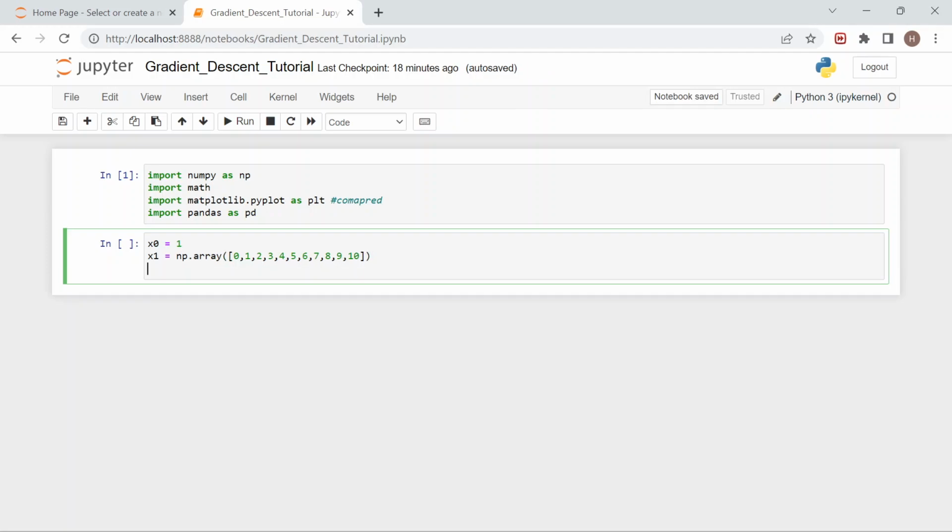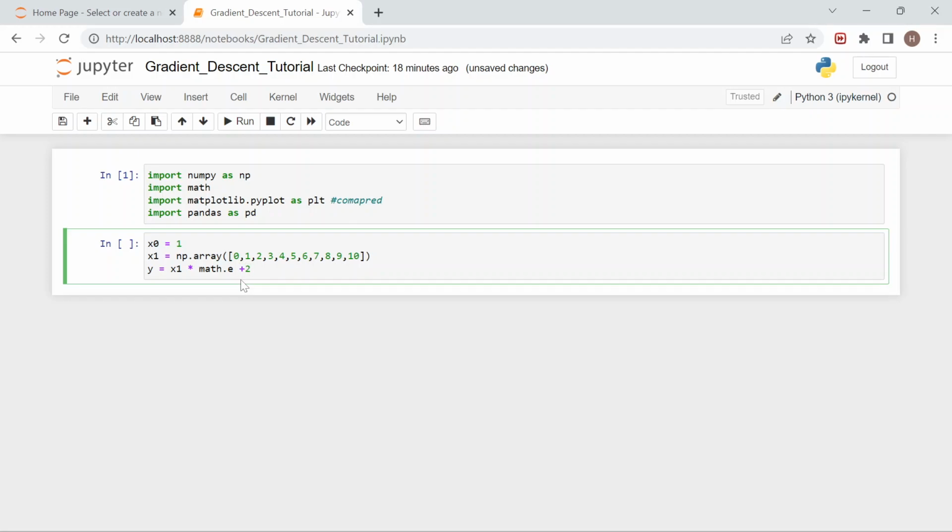Now we will make y. We will simply multiply these numbers by the Euler number e, which is 2.718, I believe, and we will add some noise to it. So we will do x1 multiplied by math.e, and then we will add 2 to it.